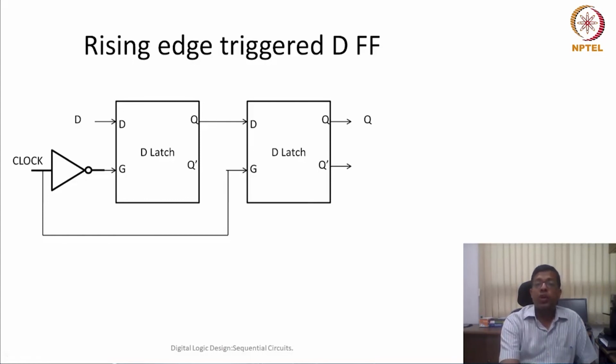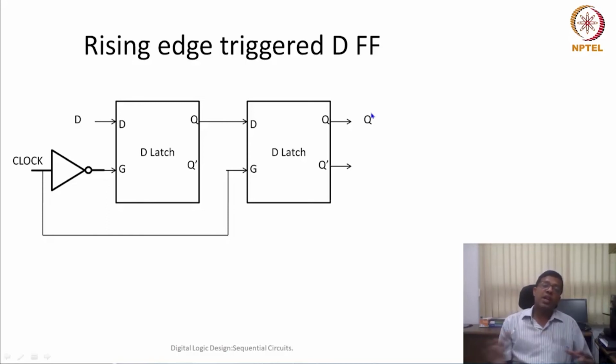Now the value has gone to the first D latch when the clock was 0. Then there is a clock transition. After that clock transition, the clock has become 1. This is the positive edge: from 0 it has become 1. And at the time of 1, whatever was stored in the output of the first latch can be given as the output.